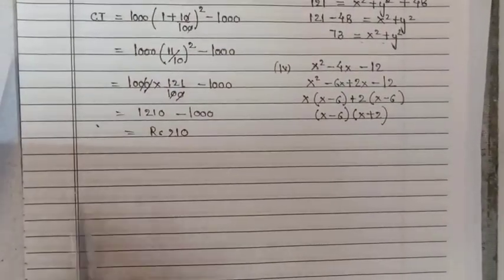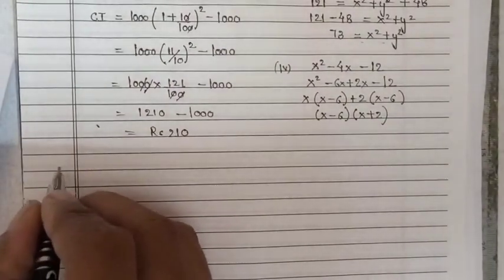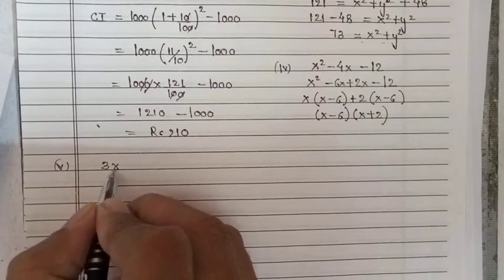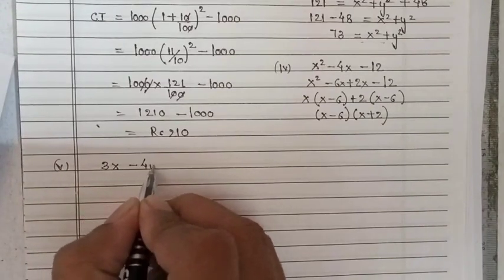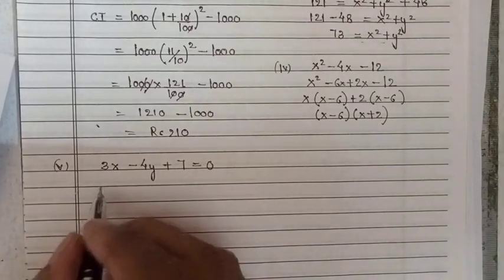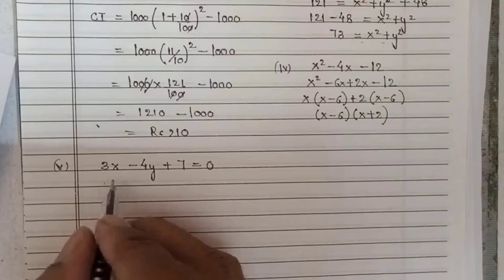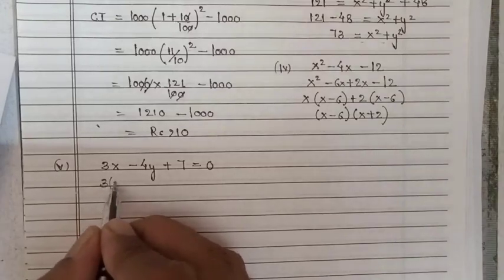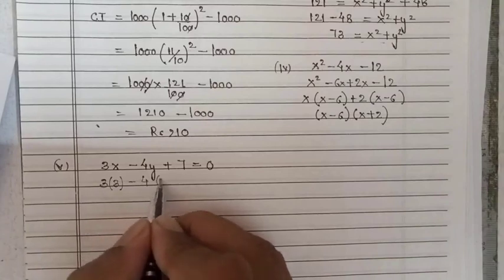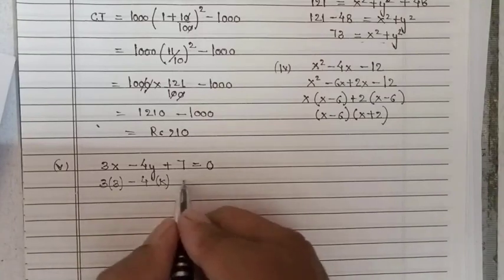Here in the fifth part, the equation given is 3x - 4y + 7 = 0. Now they are saying x is equal to 3, so you will substitute x as 3, and y as k.